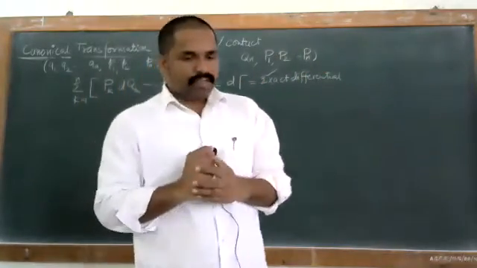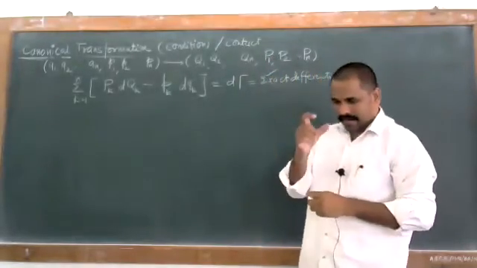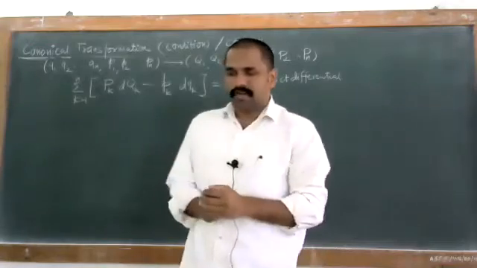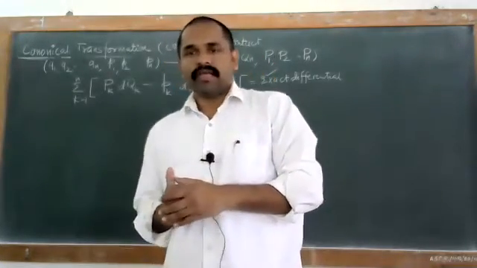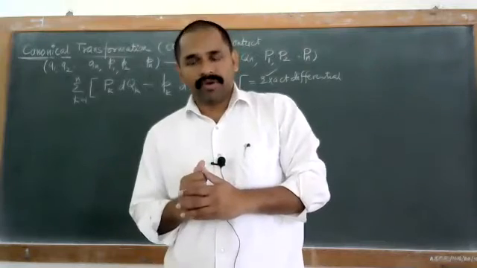In second year BSc, we have looked at what is called an exact differential. There we have seen one condition. If you remember the total differentiation, df is equal to ∂f/∂x into dx plus ∂f/∂y into dy.